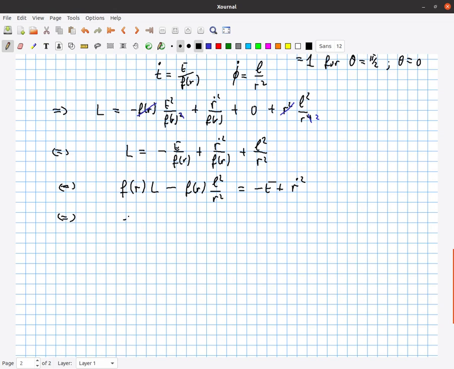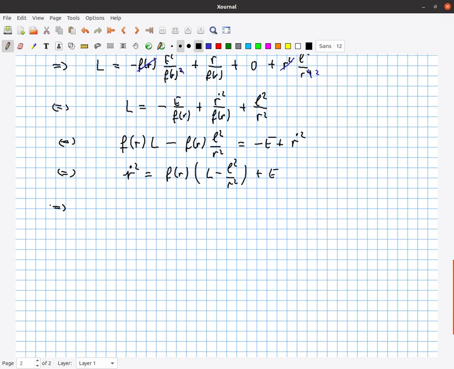Some of you might see where this is going now. R dot squared equals f of r, L minus L squared over R squared plus E. All of a sudden you might think to yourself, well, hang on a minute, this is starting to look suspiciously good, which means we can now say, hang on a minute, this is 1/2, just multiplied all by 1/2, minus, I now put in my explicit expression for f of r, as the factor of 1/2 I just multiplied with, 1 minus 2m over r.